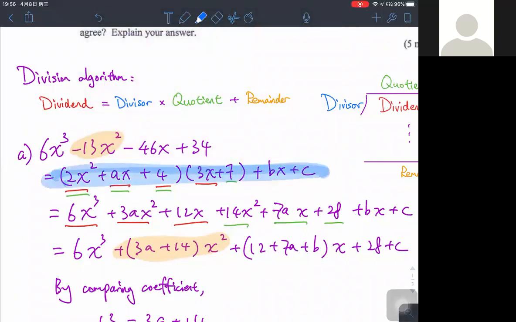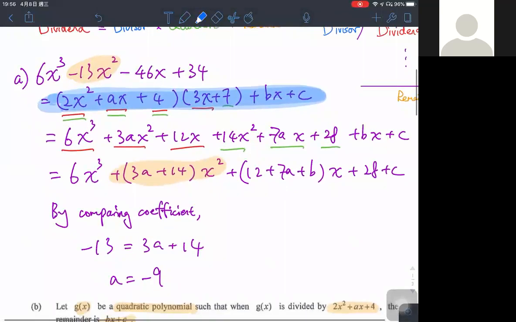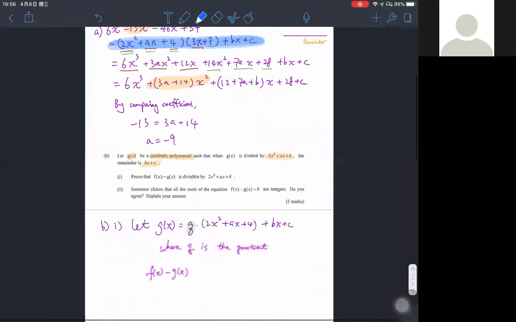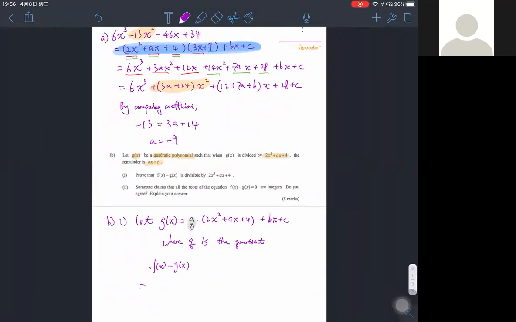So this is f(x). Then I can have f(x) equal to 2x squared plus ax plus 4, times 3x plus 7, and then plus 3x plus 2. This is f(x).